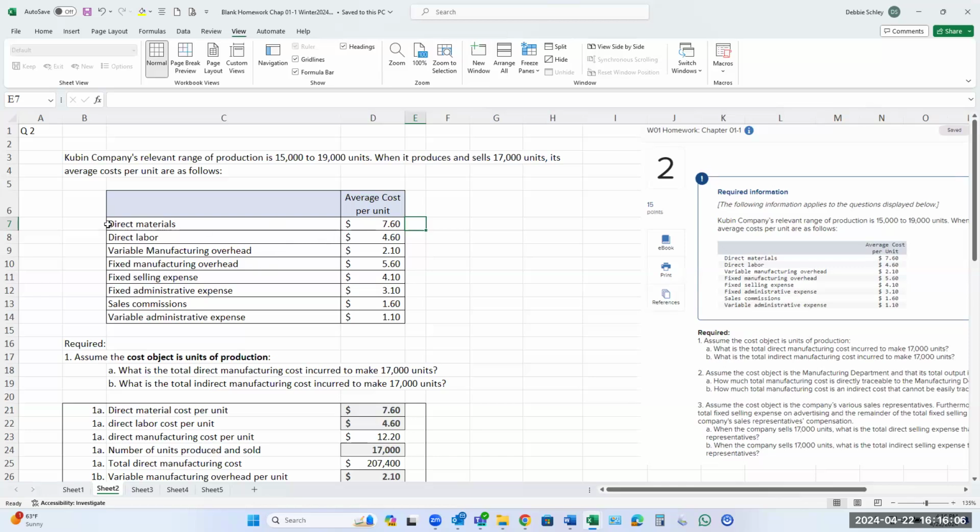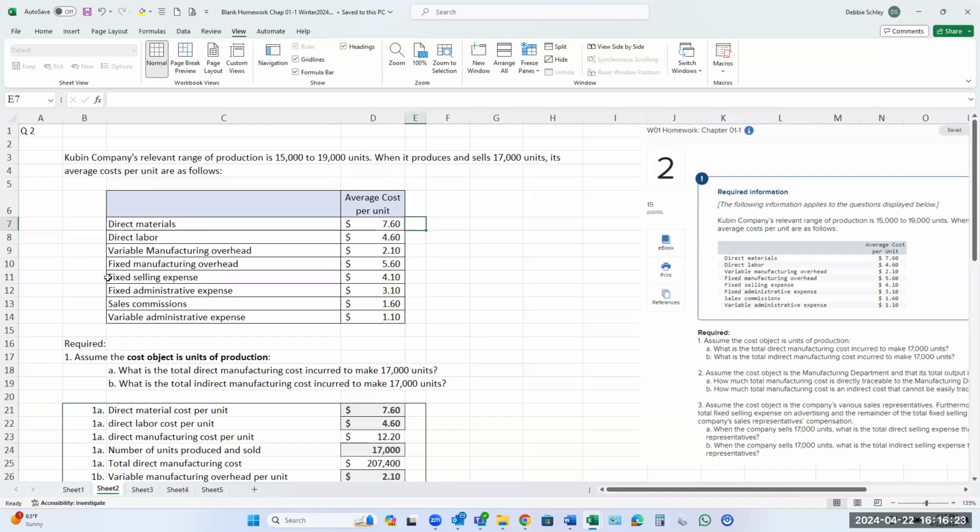Where you're talking about variable expenses like direct materials and direct labor and variable manufacturing overhead, these per unit costs will stay the same. But the total will change when your number of units changes.